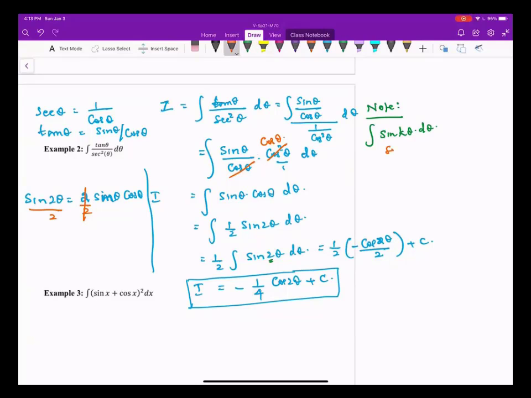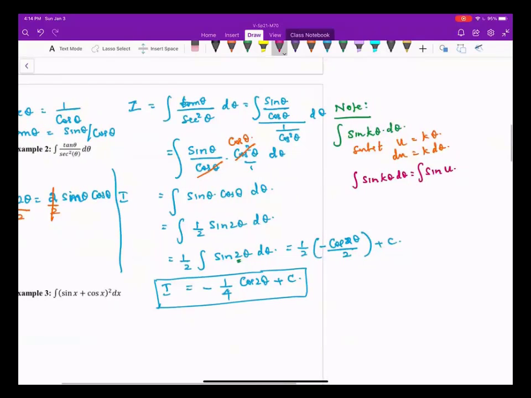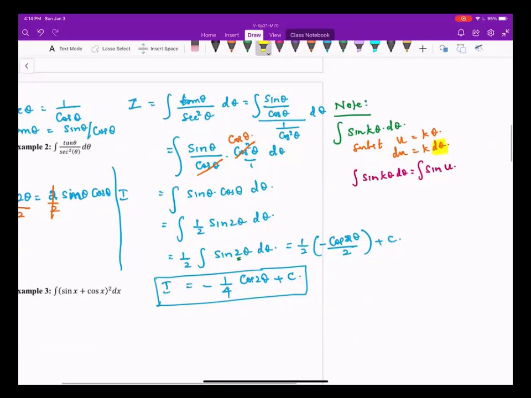So substitute u equal to k theta, so du equal to k d theta. So this integral of sine of k theta d theta would become sine of u, since k theta equals u, and d theta is actually du over k, 1 over k du.